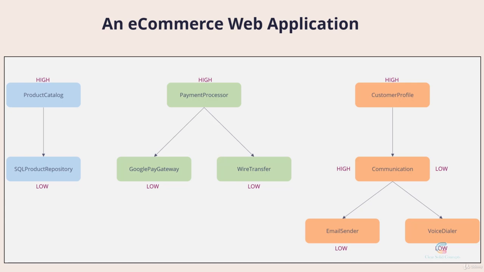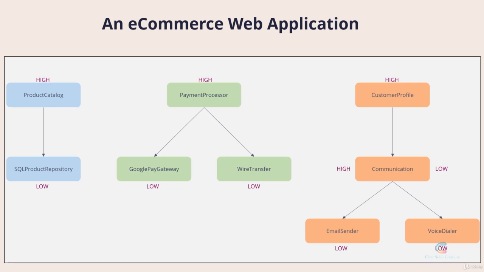If you consider the customer profile and the communication module alone, customer profile is the high-level module and communication is the low-level module. But if you consider the communication and the email sender module alone, communication is the high-level module here and email sender is the low-level module.